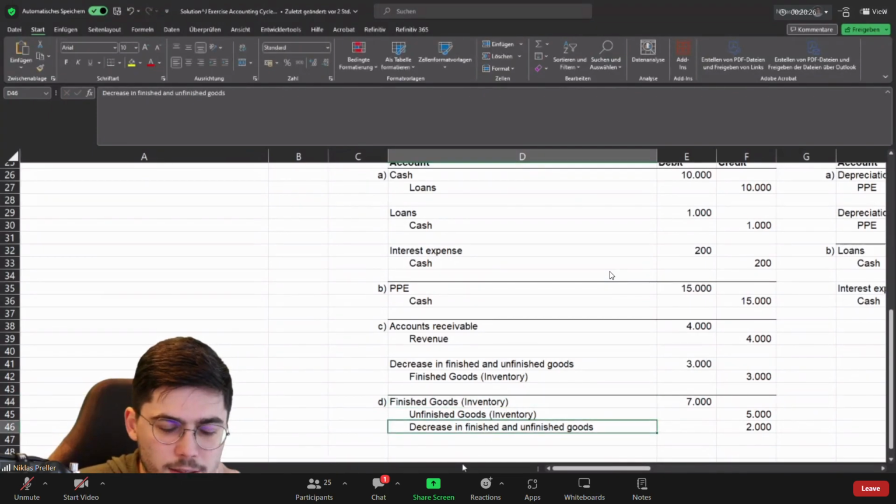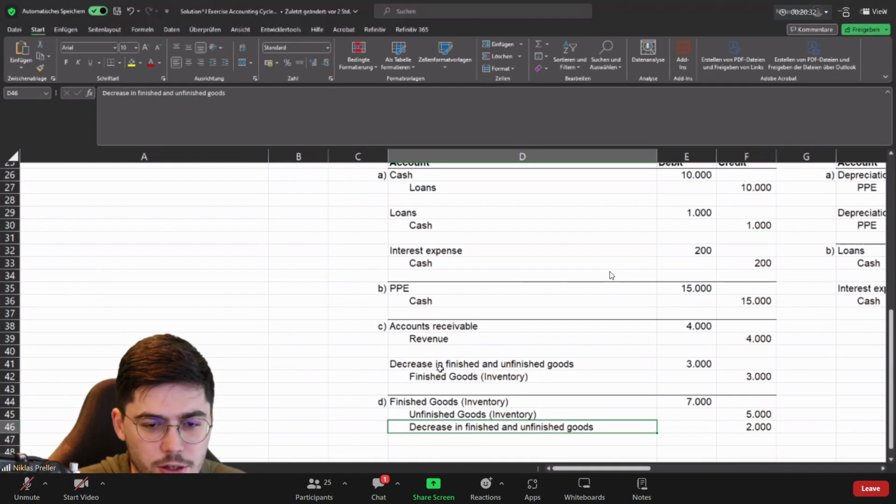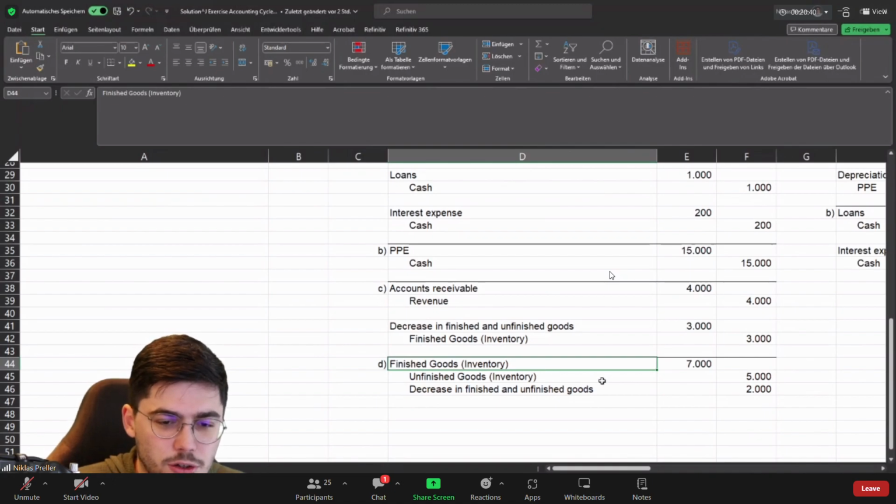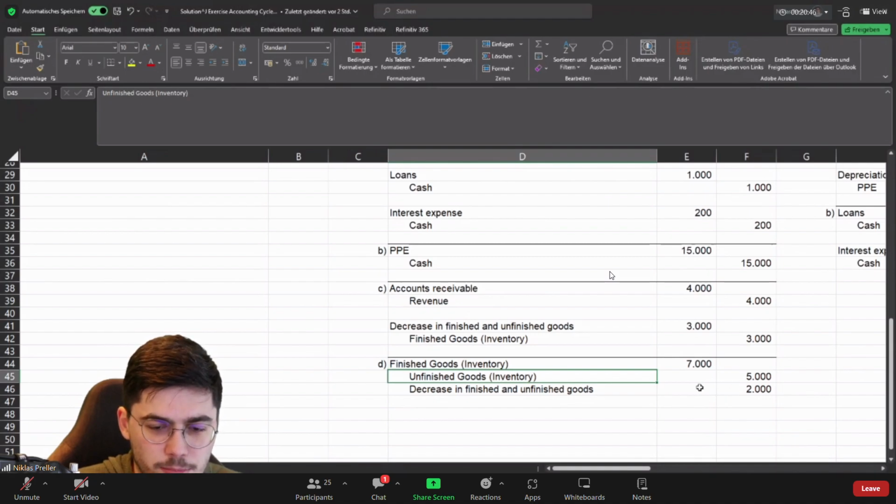In this case here, we have a little trick with the account because we have the account that's called decrease in finished and unfinished goods. Keep in mind only to use the accounts that are specified in the task. So we raise the finished goods by 7,000 and we reduce the unfinished goods by 5,000.